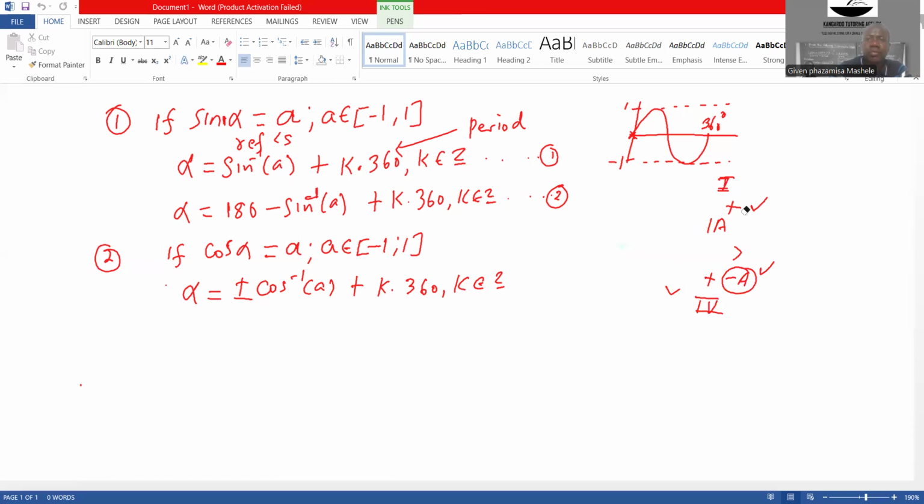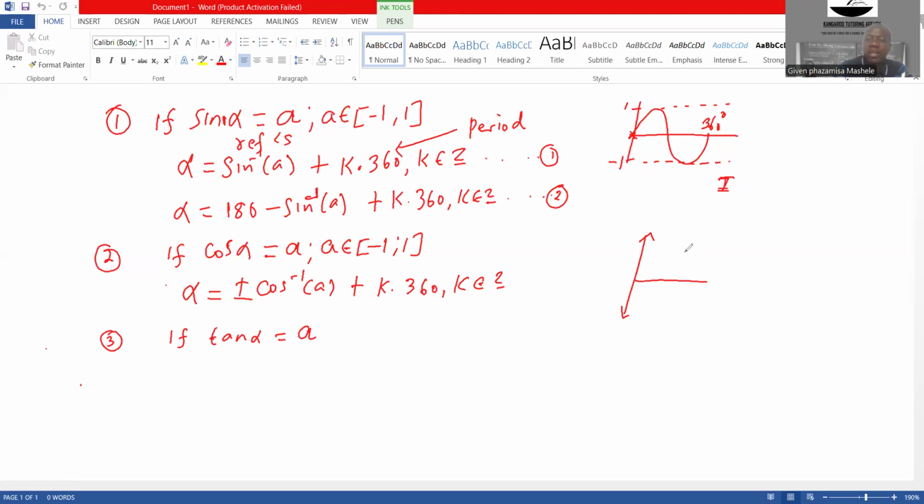Now, moving on to the third one. This one is for tan. When we're determining the general solution for tan, we say if tan of an angle equals A, we're not going to give any restrictions, unlike sine and cos, because the graph of tan does not have a maximum and minimum value, unlike cos and sine.